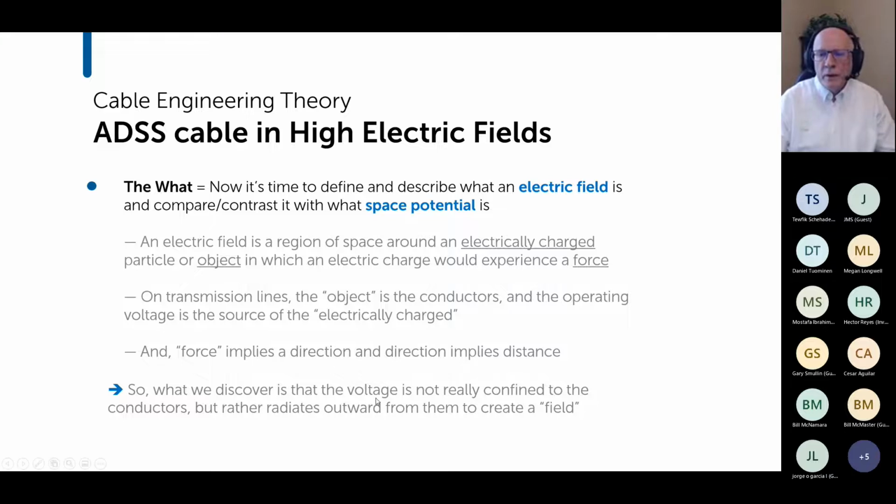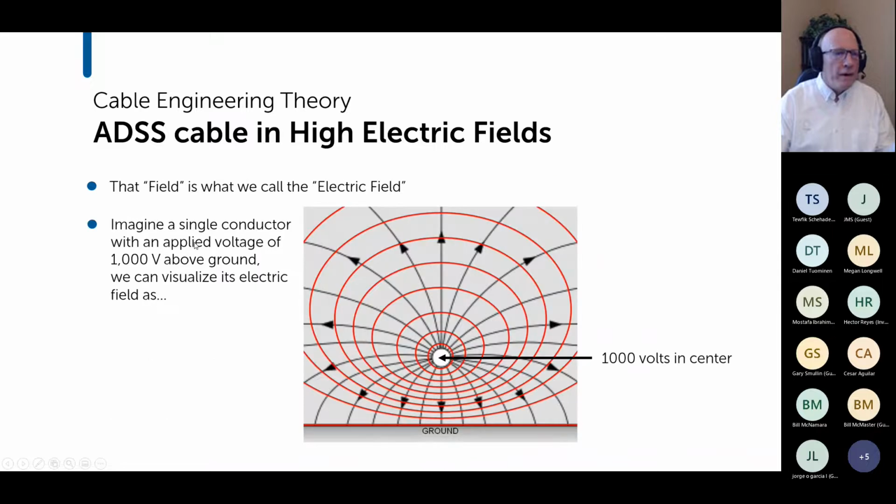So what we discover in reality, of course, people talk about voltage and current, and those are abstractions. What's really going on is electromagnetic fields, and they are not confined to just the conductor.